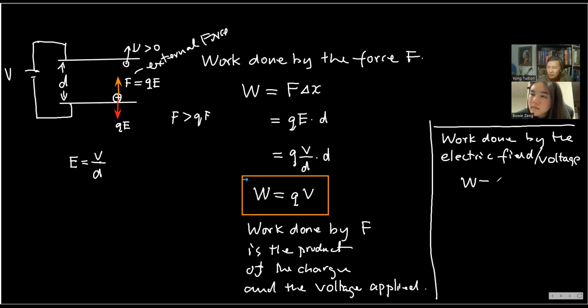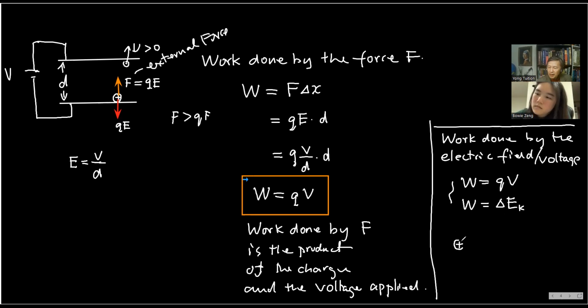So in this case, the formula is exactly the same. Work is equal to Q V. According to the work-energy theorem, the work done will equal the change in energy. In the simplest case, we can consider the kinetic energy.